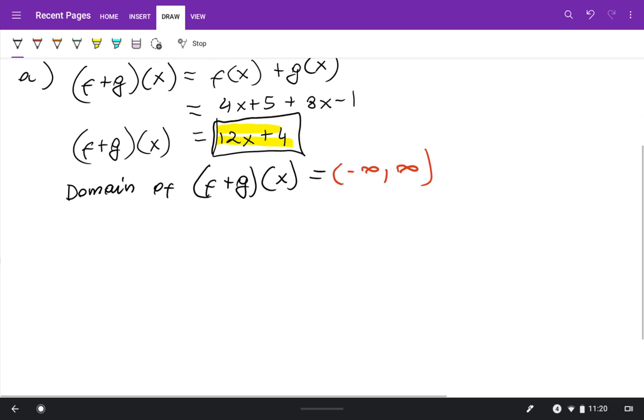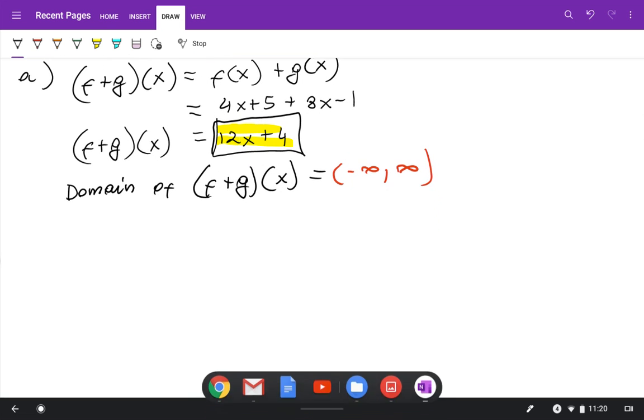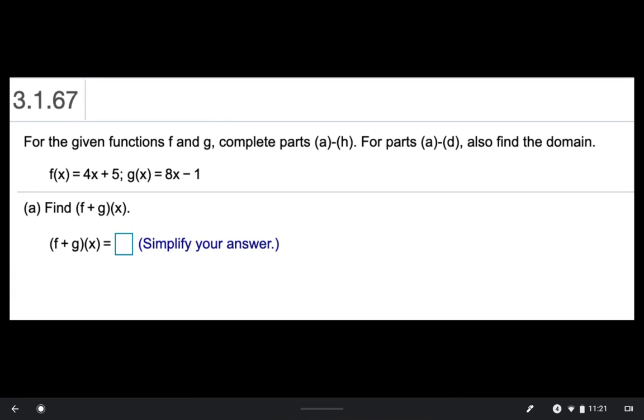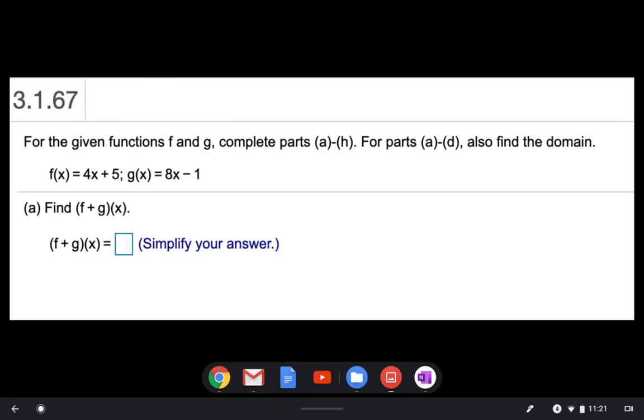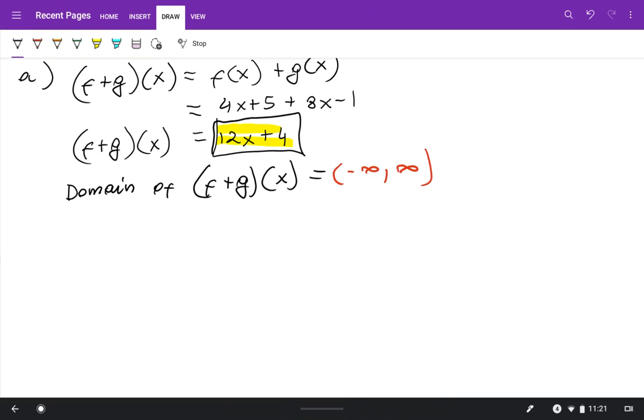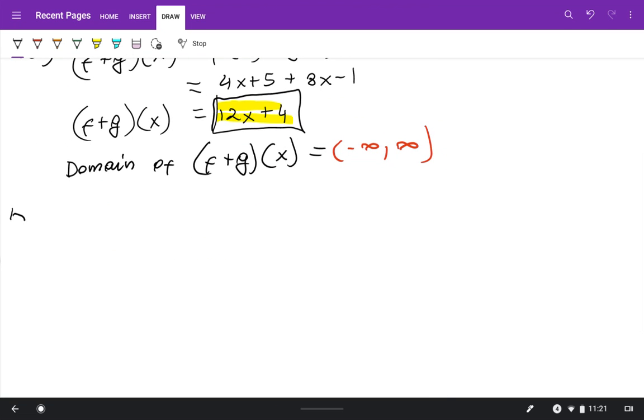Now, part B. Here it doesn't show part B, but I'm assuming that B will be find the difference, C will be find the product, and D will be find the quotient. So I will just finish that problem. Part B, probably they're asking you to find the difference of those two functions.